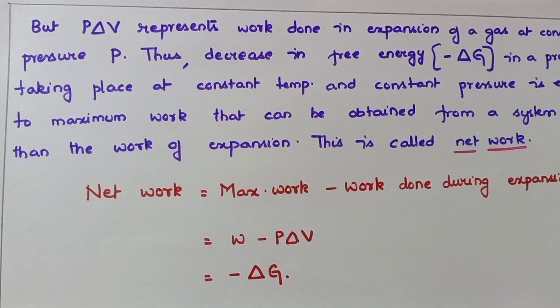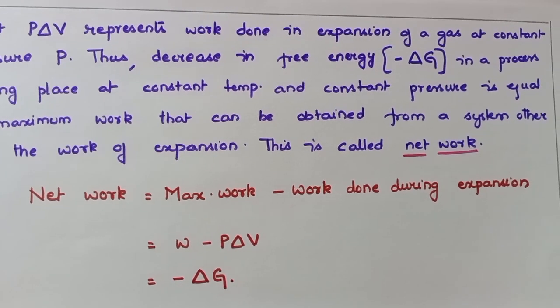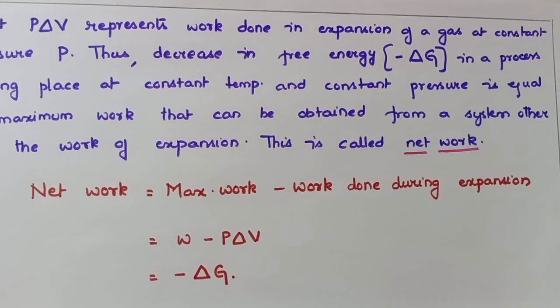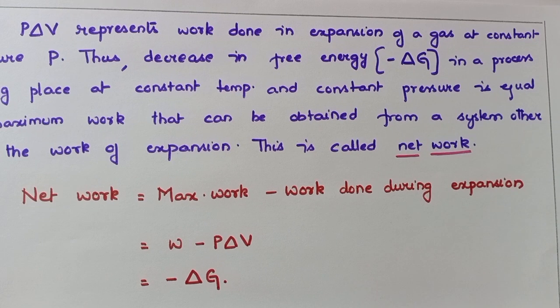Students, this is the meaning of minus delta G is equal to W max minus P delta V, which is equation 4. What is work of expansion? P delta V.